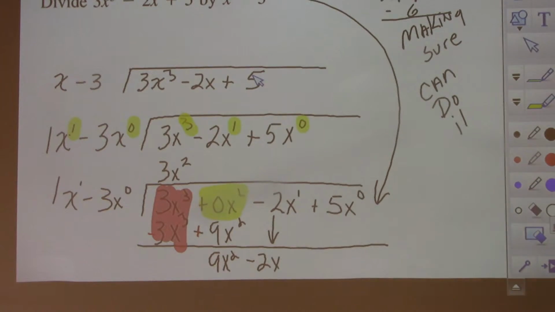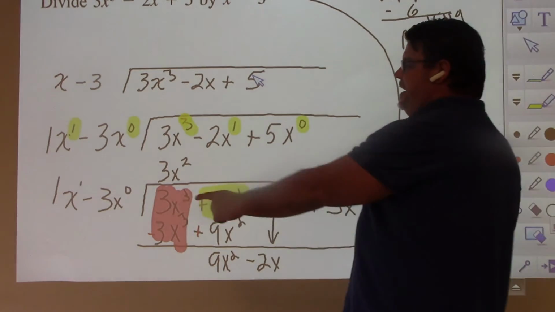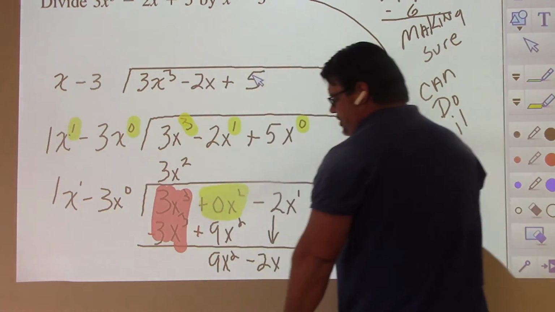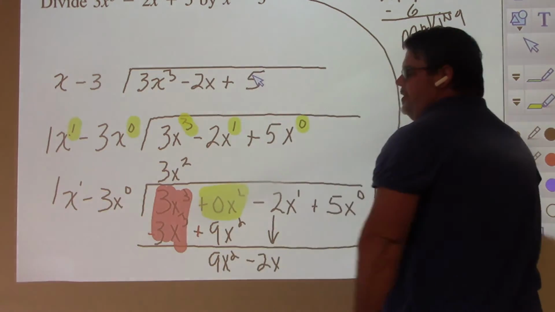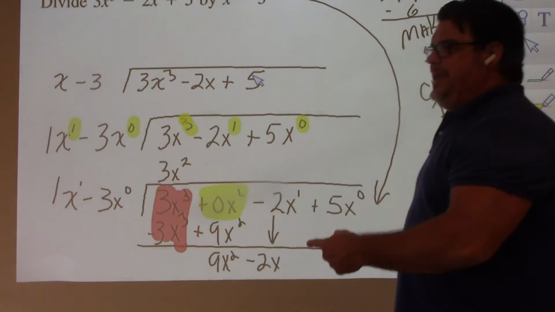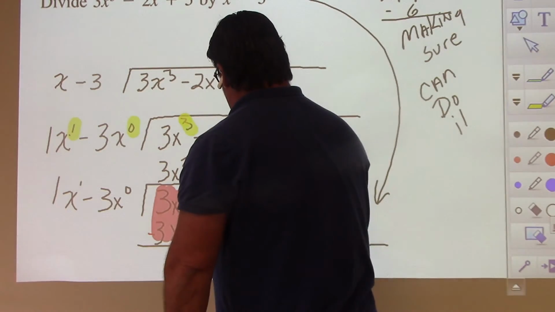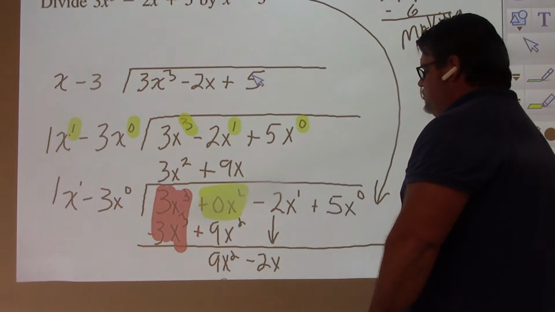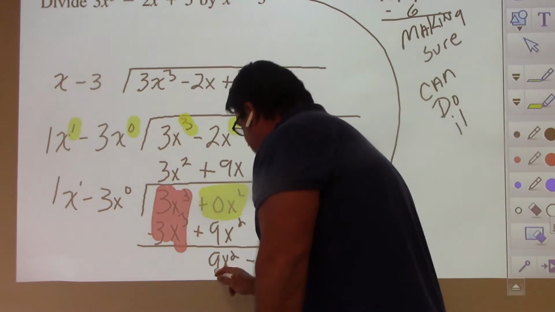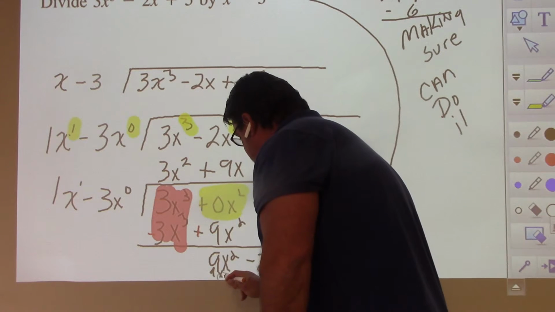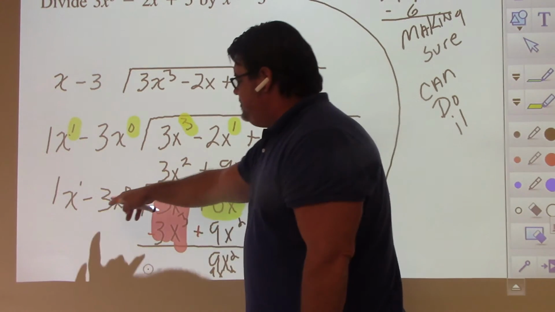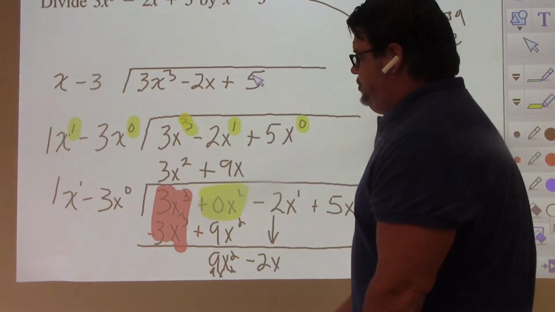Now how many times, again, you're not worried about 3, you're worried about the x. How many times will 1x to the first go into 9x squared? 9x times. 9x times would be 9x squared. And 9x times negative 3x to the 0 is what?